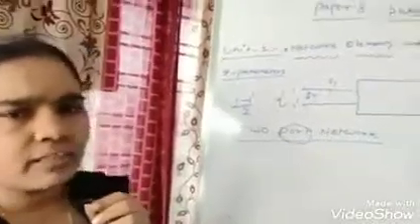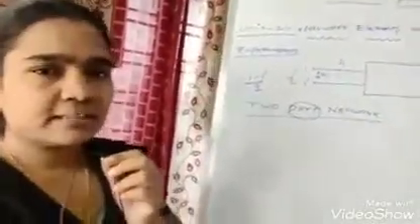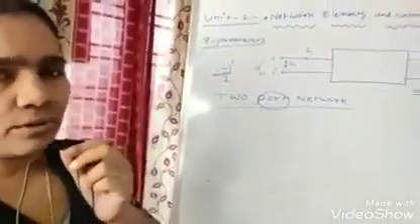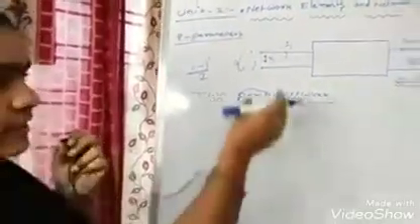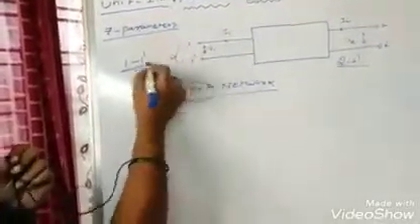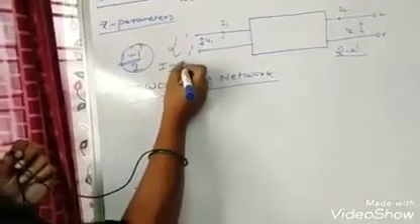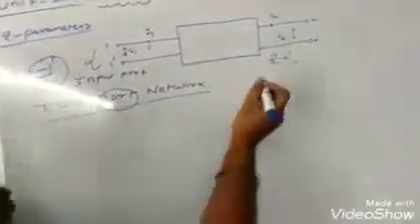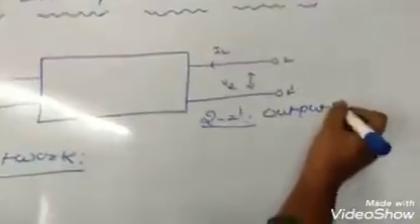We know there are a number of electrical systems: transistors, transformers, transmission lines, and a number of electrical circuits. Here this is the input port, and this is the output port.